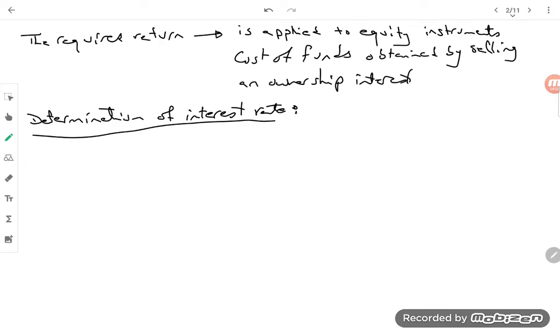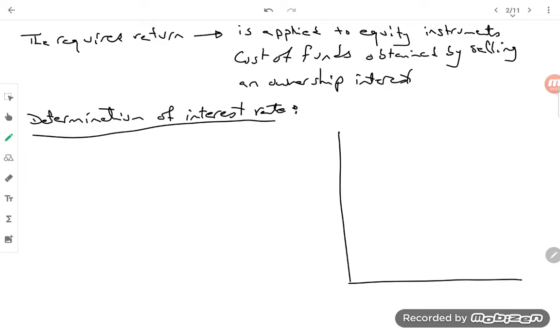Interest rate is determined based on demand and supply forces. Interest rate is considered to be the price of the commodity, the price of the funds that you are going to get. So it's determined based on demand for funds and supply of funds.